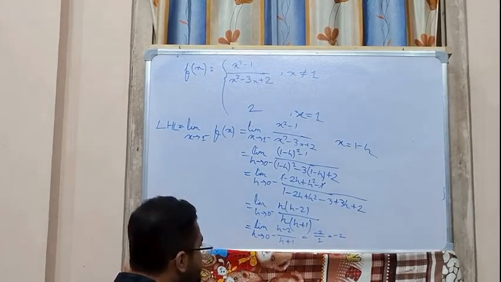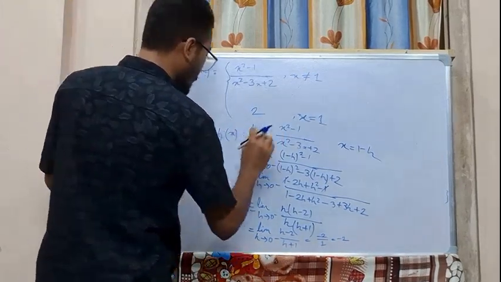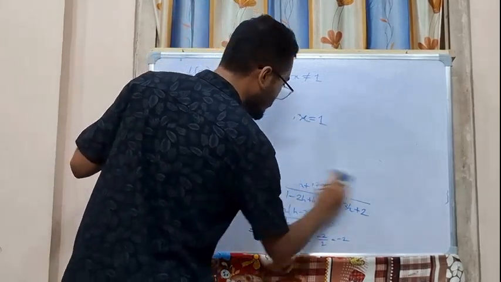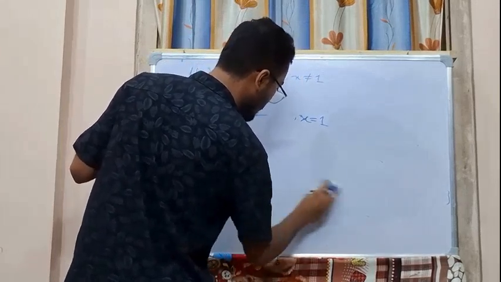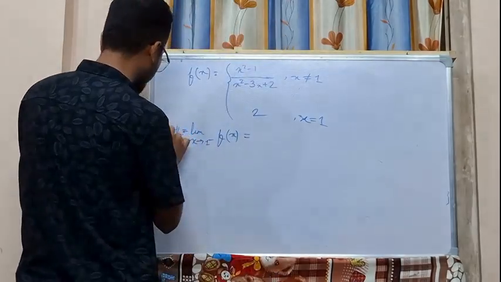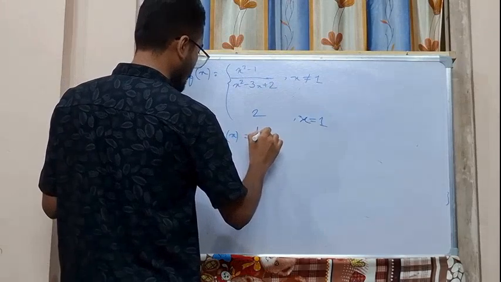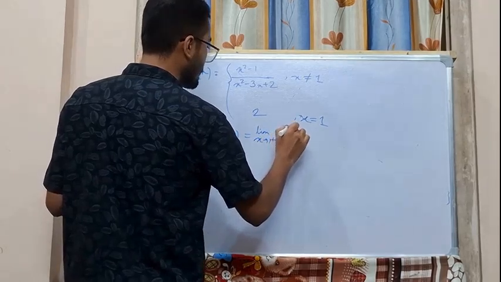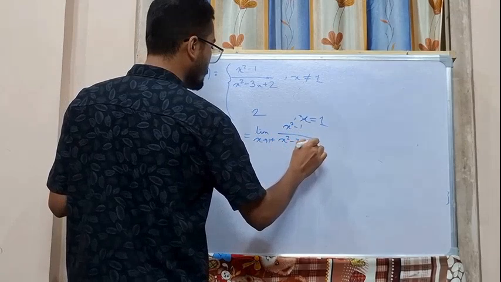Okay. Now let me erase this part. Let me erase this part for the right hand limit. For the right hand limit, what is this? This will be x tending to 1 plus, x square minus 1 by x square minus 3x plus 2.